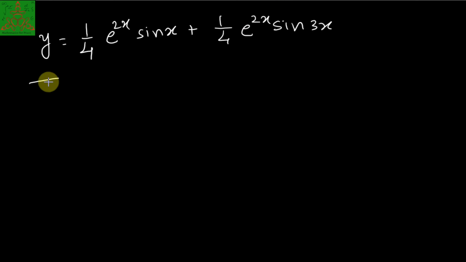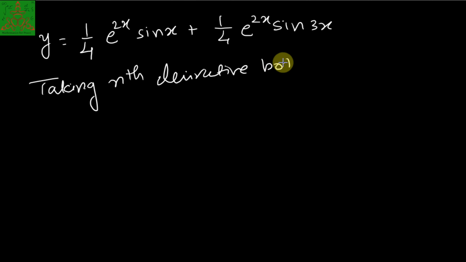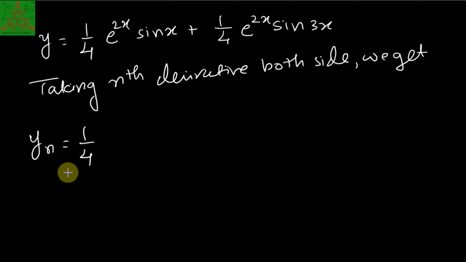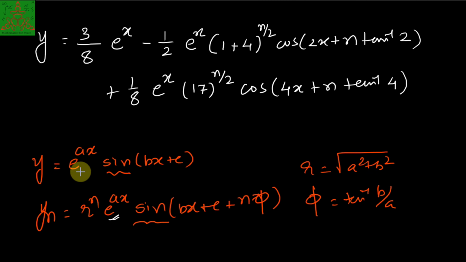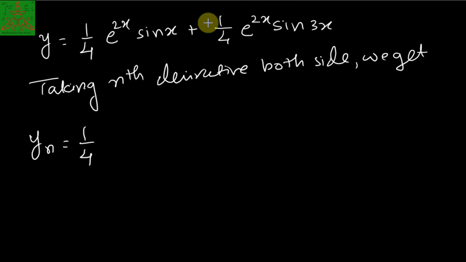Now taking the nth derivative both sides, we get yn. That is 1 by 4 is a constant, and you can see that we will use this formula of e power ax into sin bx. So let us see what a is given. Here the value of a is 2 and the value of b is 1.